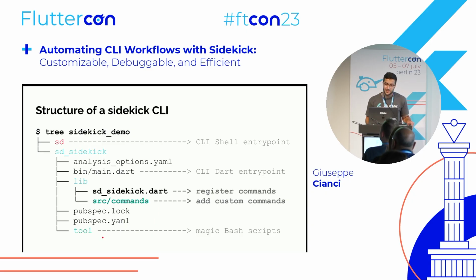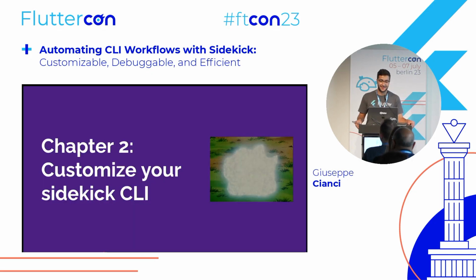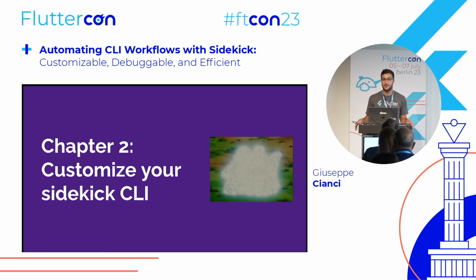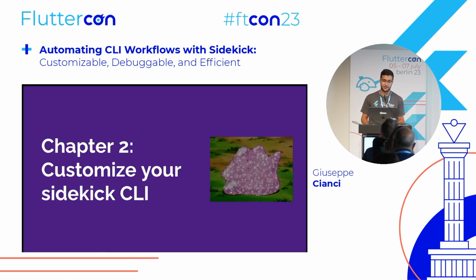And then there's this tool directory, which is just some magic bash scripts. Don't worry about those. In the next step, we will add our custom commands here, because we want to have our own custom CLI with our own custom commands that is just perfectly adapted to the project we are in.